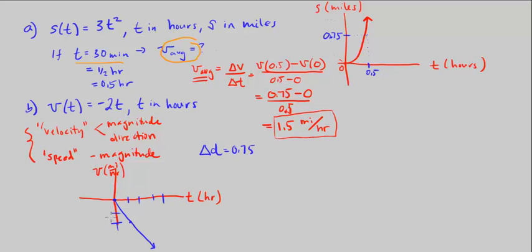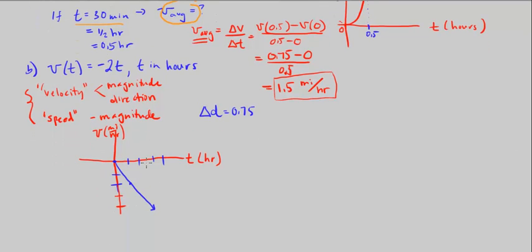Well, what do we have in our graph? Let's look at this a little more in depth. We have the velocity over time graph right here. If we want to look for distance, we know the area under this curve is going to equal his distance traveled, right?